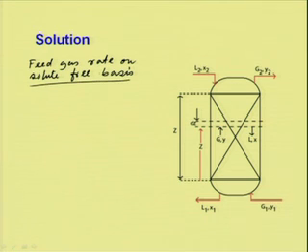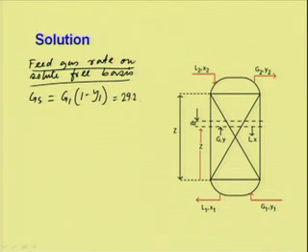That is Gs is equal to G1 into (1 minus y1), which is equal to 29.2 into (1 minus 0.15), which will give 24.82 kmol per hour.